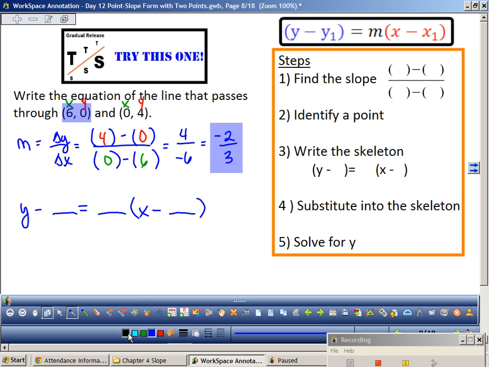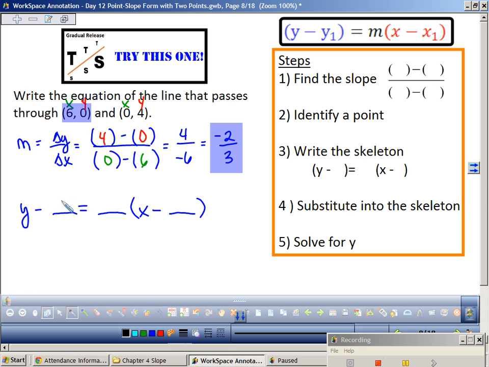Eduardo, please tell me what to substitute. What goes here? Negative 2. Not negative 2. Right here. This is my y value, right? So which one's my y value? 0.